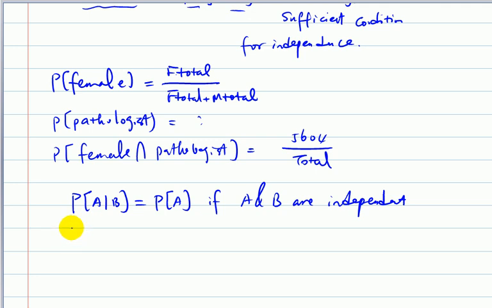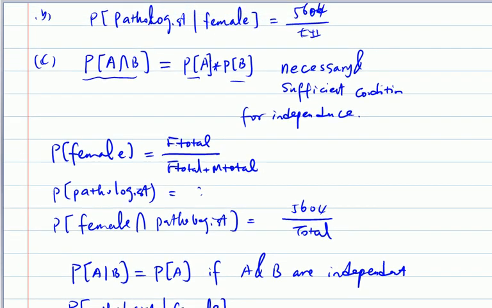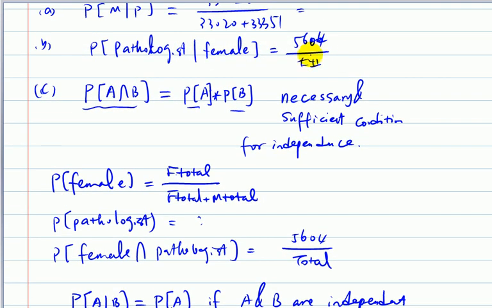Yeah. So let's see if we can get this thing here. Let's say A represents a pathologist, and B is a female. Okay, so as a matter of fact, I think you calculated that in part B over here.